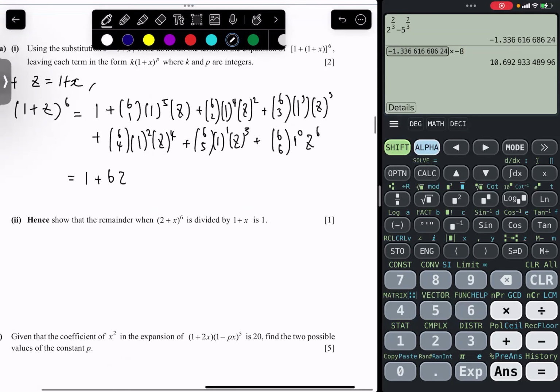leaving each term in the form of 1 plus x.